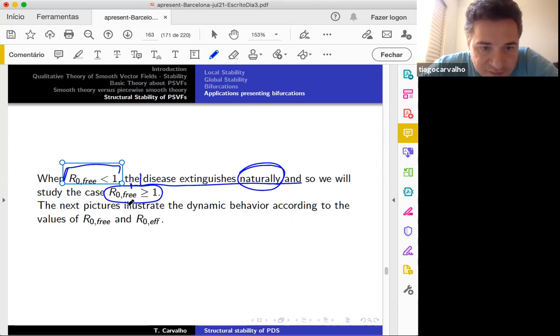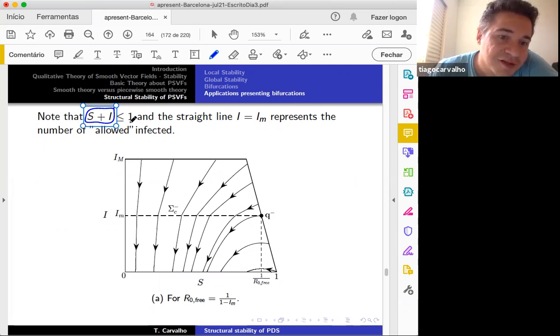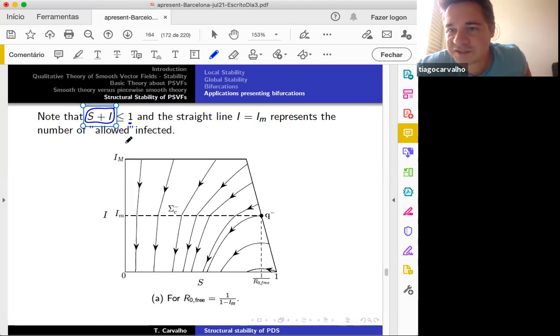The next picture illustrates the dynamic behavior according to the values of these reproduction numbers. So let's look at what's happening with the two-dimensional model. The population is smaller than 1, which is a normalization of the population.